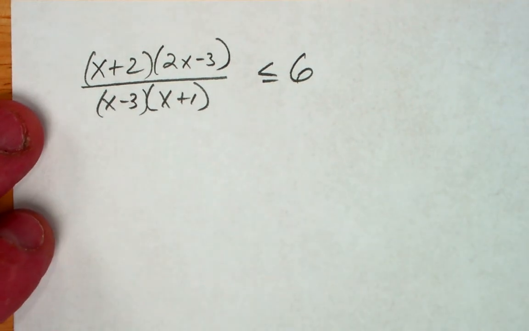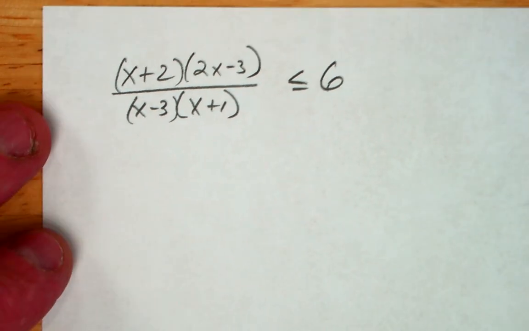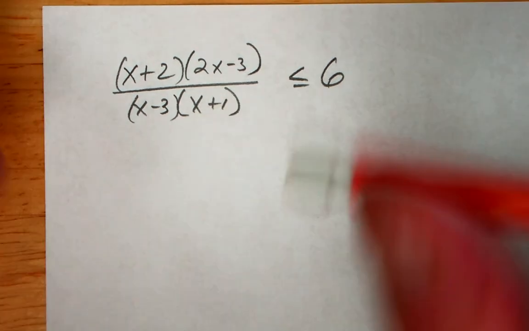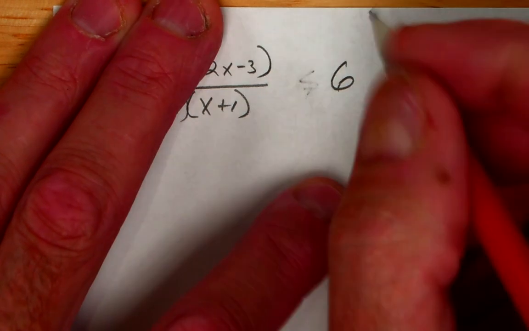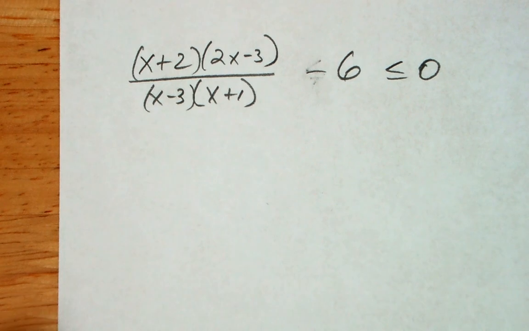You're all hooligans. So this one, we can't compare to 6, so what do I have to do? Subtract 6. Okay?